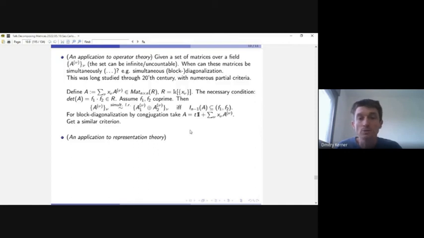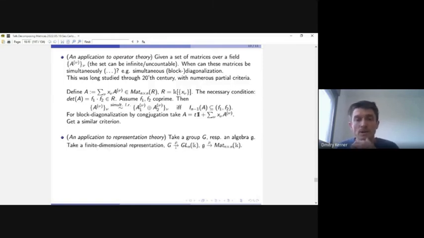Now another application, to representation theory. So take some group or some algebra and take a finite dimensional representation, as always in Lie groups and Lie algebras. Here I fixed some bases, so instead of GL(V), I consider very explicit matrices. Then the image of this group or the image of this algebra is just a set of matrices, maybe infinite, maybe uncountable, but just a set of matrices.